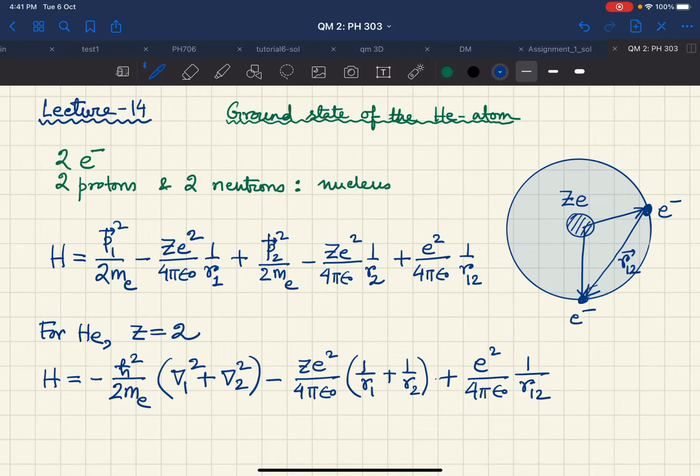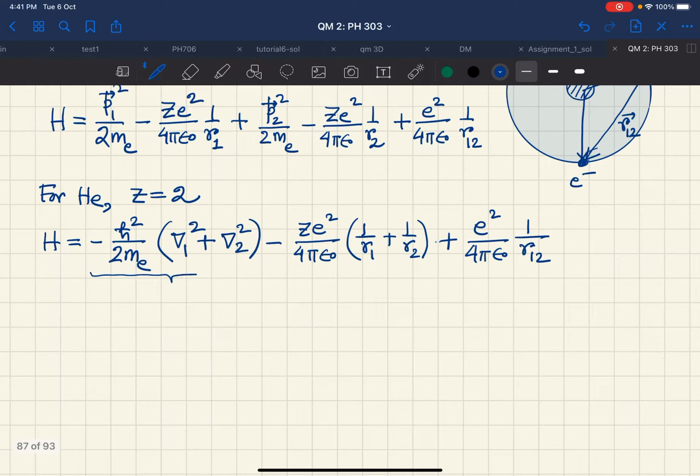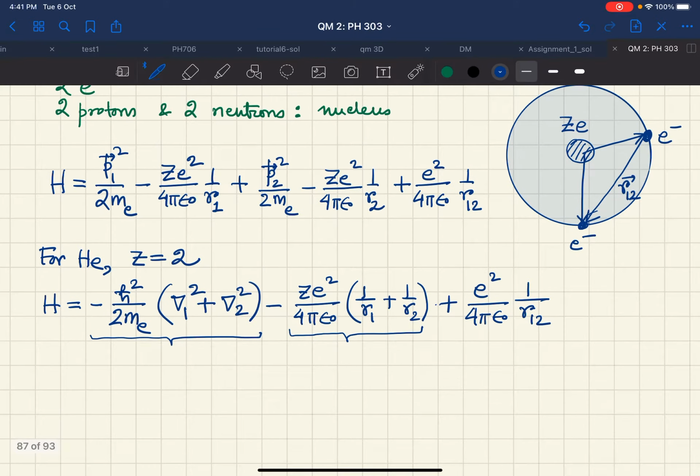Let us look at each term separately. This term is basically the total kinetic energy. This is the nucleus and electron interaction term, or the Coulomb potential.